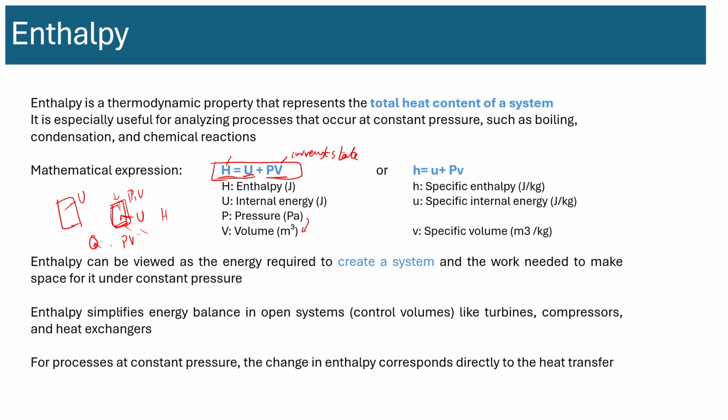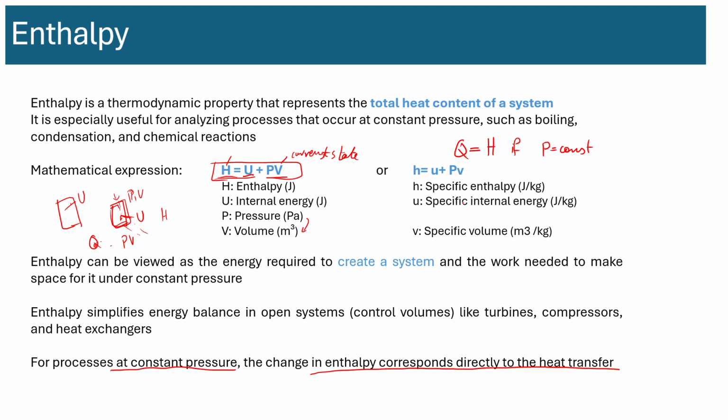Another thing to note here is that for processes at constant pressure, change in enthalpy corresponds directly to heat transfer. So Q is the same as delta H if P is constant.